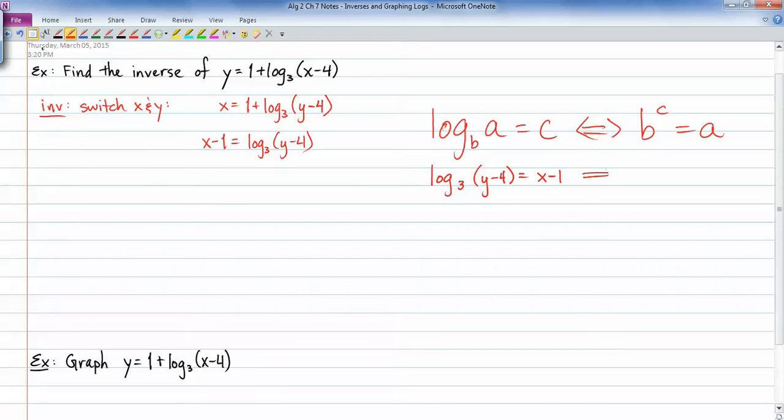So then when I convert it, I'm going to get b, which is 3, to the c, which is x minus 1, equals a, which is y minus 4. And then I'll isolate the y. This turns into 3 to the x minus 1 equals y minus 4. And then if I get the y by itself, I get 3 to the x minus 1 plus 4 equals y. And then I'll rearrange it just so y's in front.